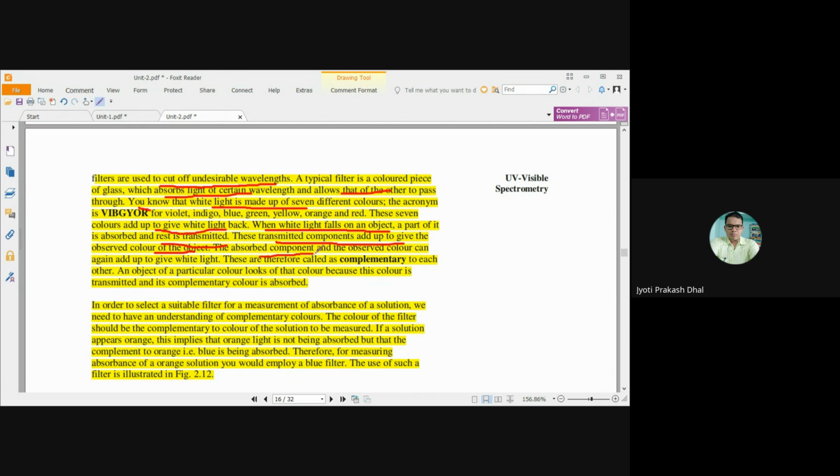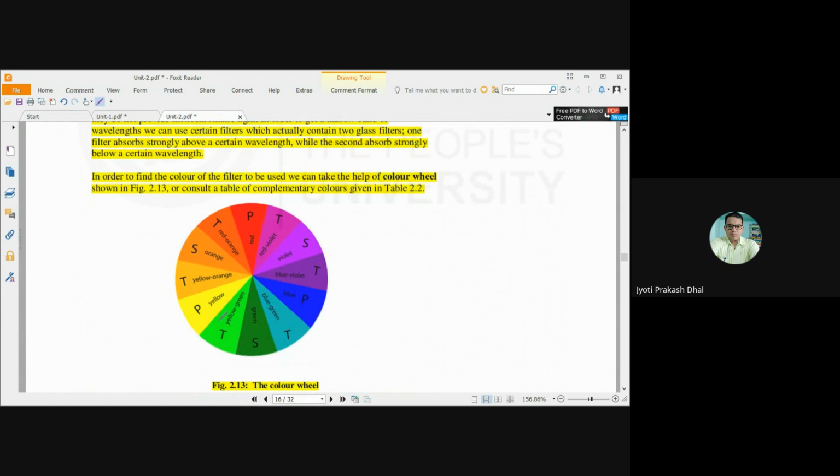So the absorbed component and the observed color add up to give white light again. Therefore they are called complementary to each other. An object of a particular color looks of that color because this color is transmitted and its complementary color is absorbed. You can see this is a color wheel.